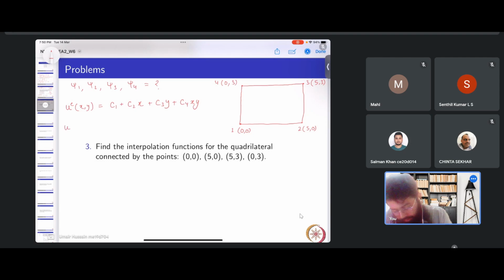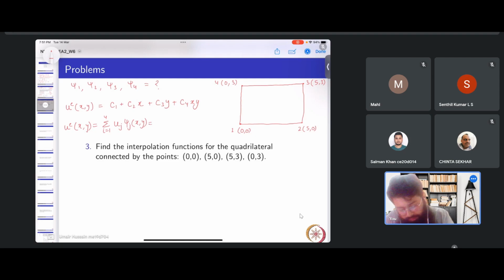Also, if we write our approximation function in terms of nodal coordinates, we know that we write this as the sum over j equals 1 to 4 of uj psi j, right?